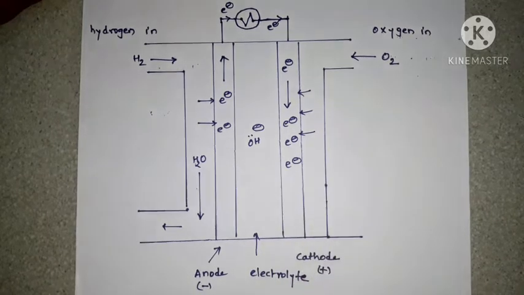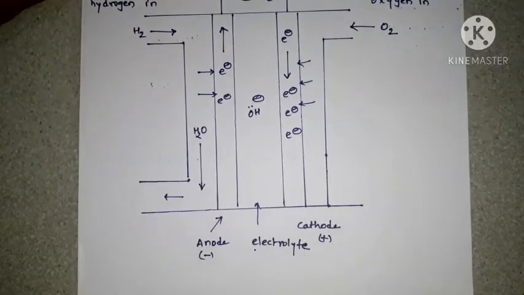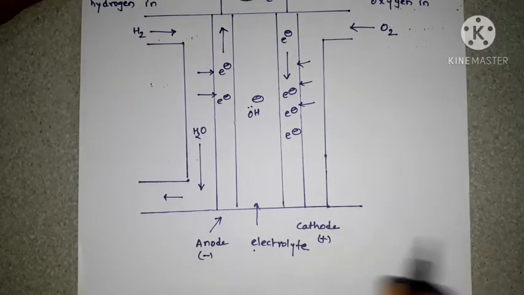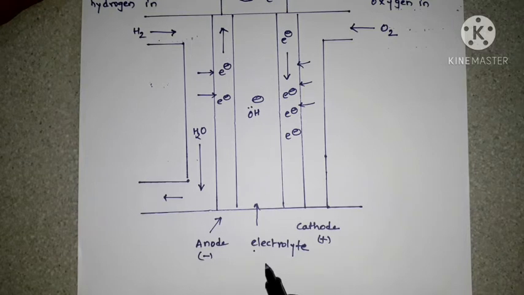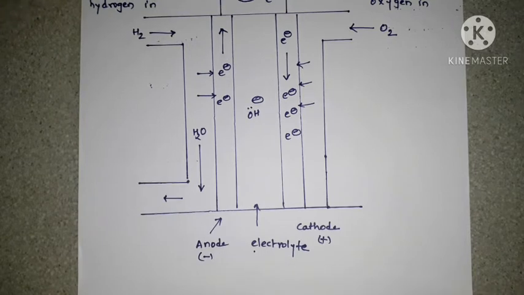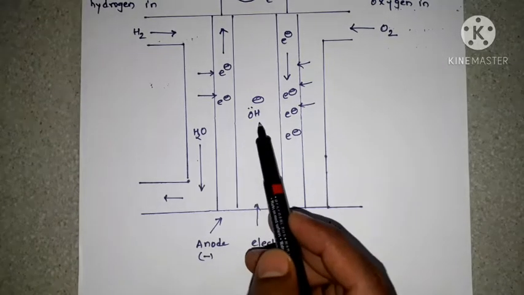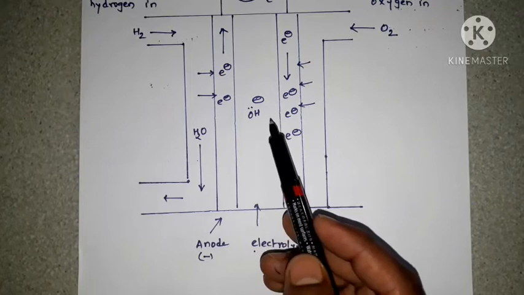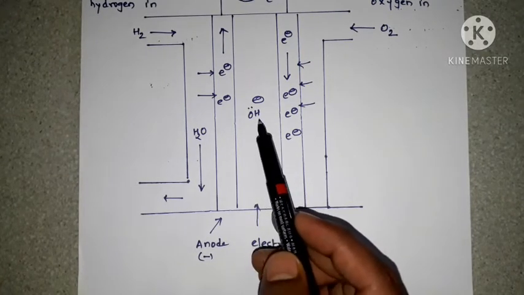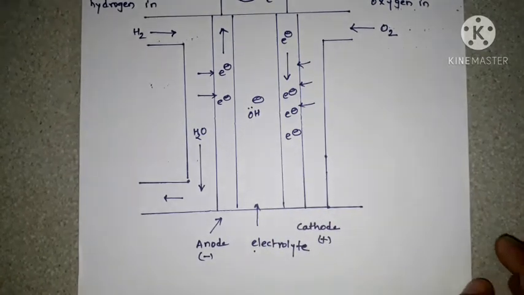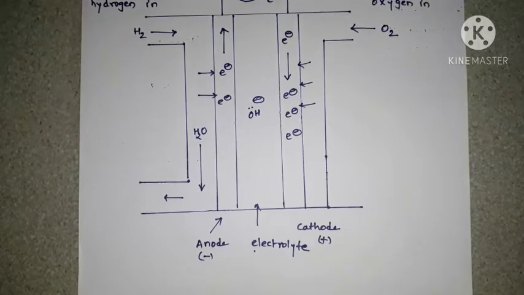That means it is an electrolyte part. What is meant by electrolyte? A substance whose aqueous solution conducts electricity is called as electrolyte. That means KOH in aqueous solution conducts electricity. So that is the role of electrolyte.